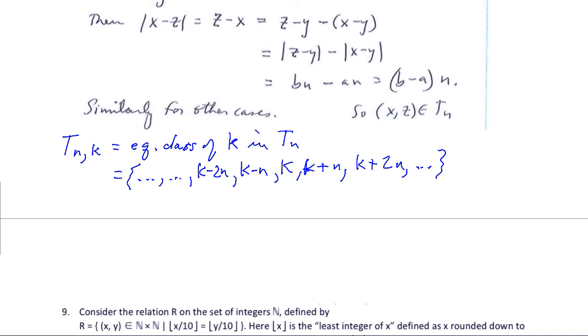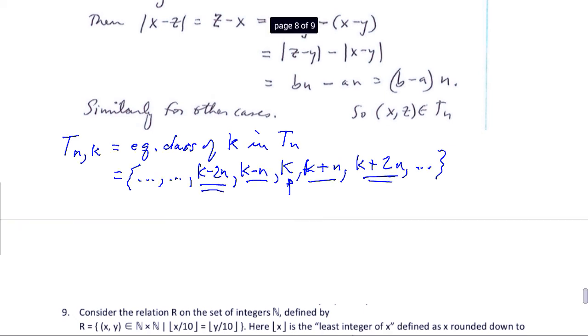It includes k, and it includes all those integers which are multiples of n away from k. These two are n away, these two are 2n away, etc.